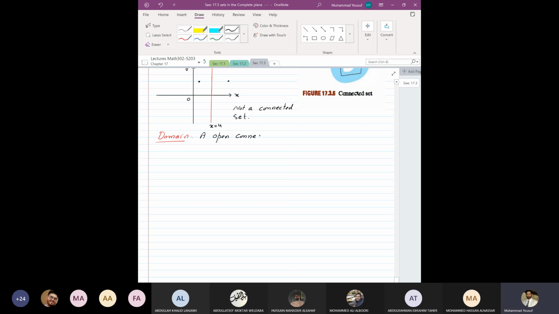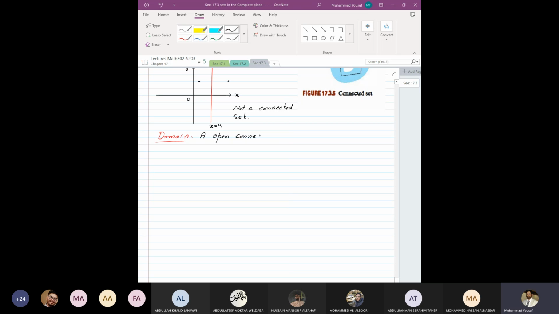So it is called a domain. This one we will not call a domain if it is not connected, although it is open. The set which I have just drawn with red line, x equal to 4, is an open set, but it is not connected.